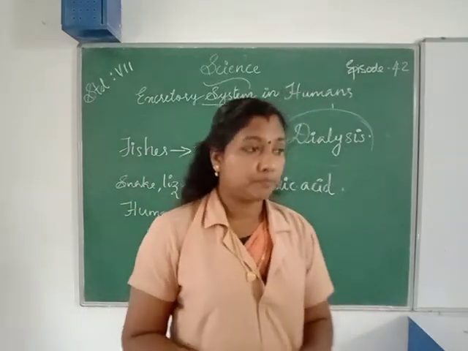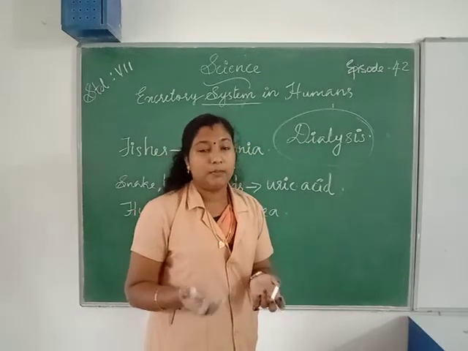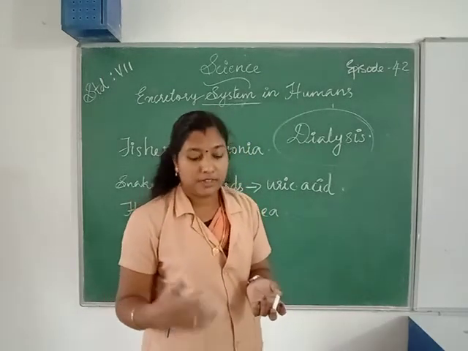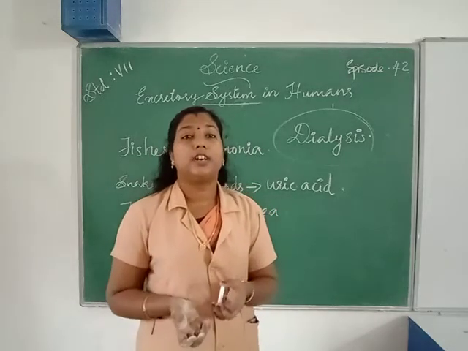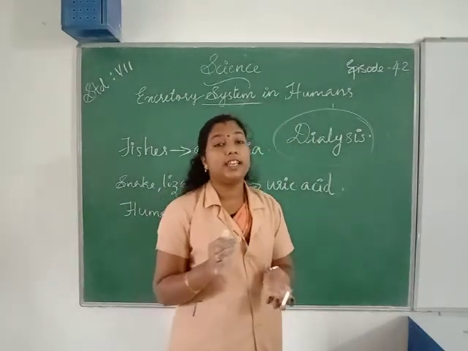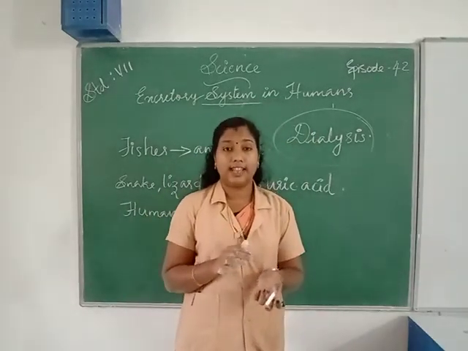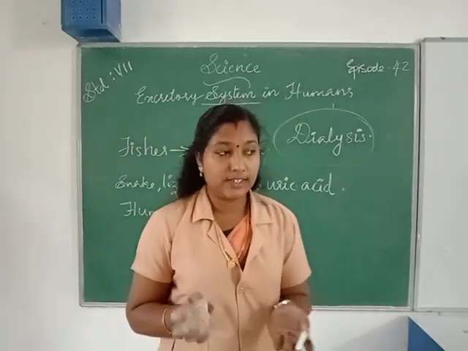Next we learn about dialysis. What is dialysis? Sometimes a person's kidneys may not work. As a result of kidney failure, the waste products start accumulating in the blood itself. Such persons cannot survive.